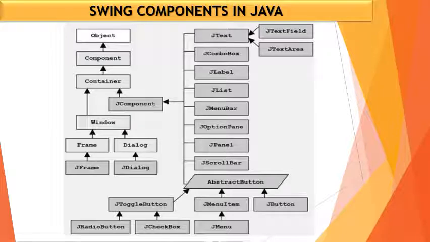These are the swing components in Java, which we have already seen in the hierarchical diagram of swing. This hierarchical diagram shows a number of components which are helpful for creating the application, which is called a GUI application.